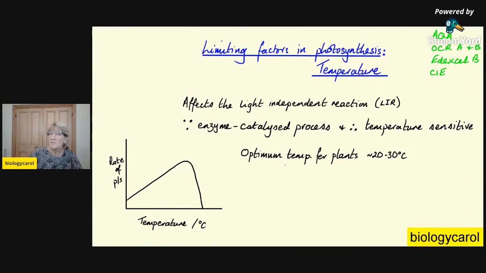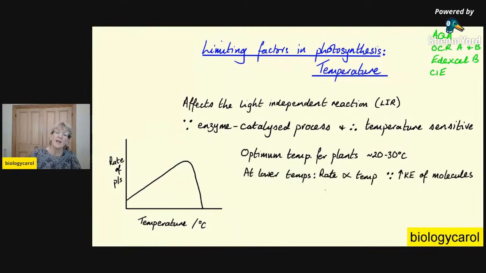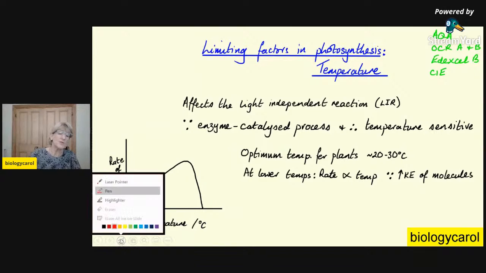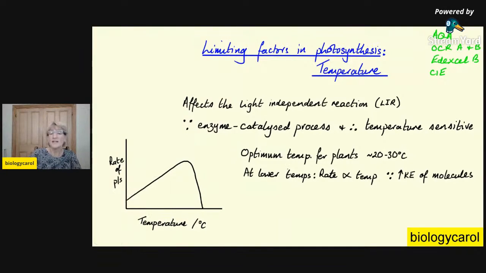Notice that the optimum temperature for plants is probably several degrees lower than it is for any animal. It's probably around 20 to 30 degrees, something like that, obviously depending on where the plants are native. At lower temperatures, the rate is proportional to temperature.